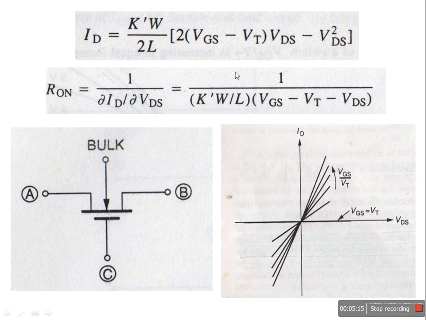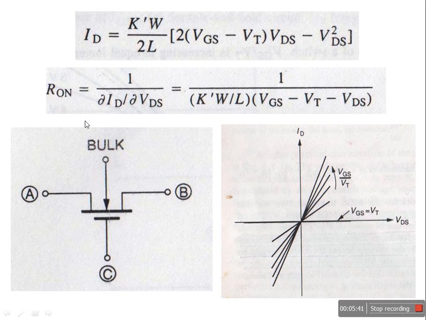From this equation we can calculate the on resistance of the switch, that is resistance offered by the MOSFET while in the on condition. So we can differentiate this ID with respect to VDS and we can obtain the on resistance.